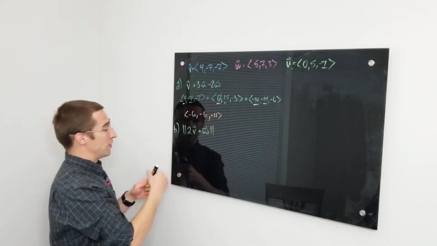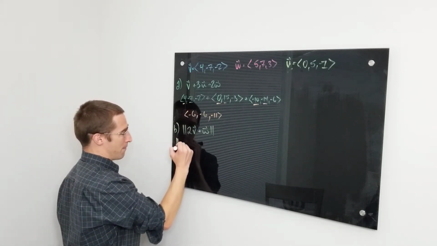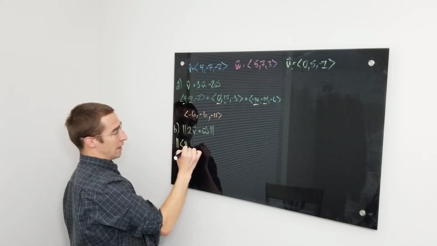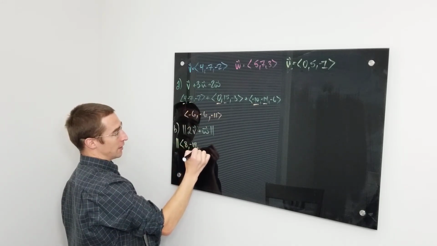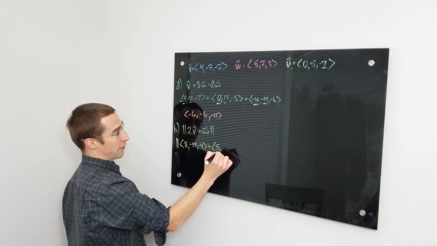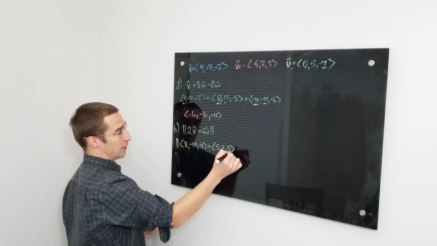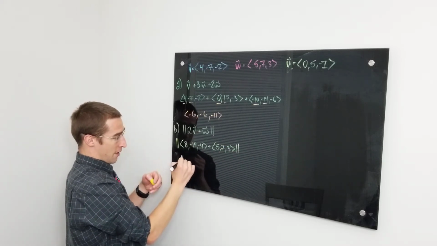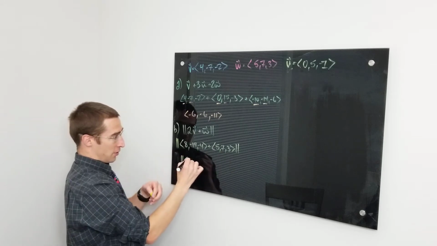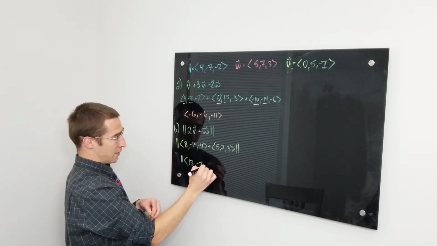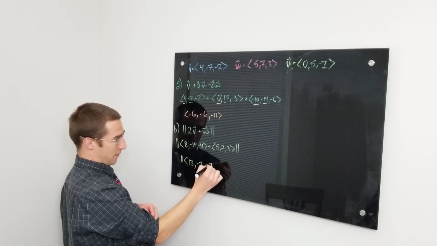So 2v is 8, -14, -4, plus w, which is 5, 7, 3. I'm just going to add these. So the vector is 13, -7, -7.